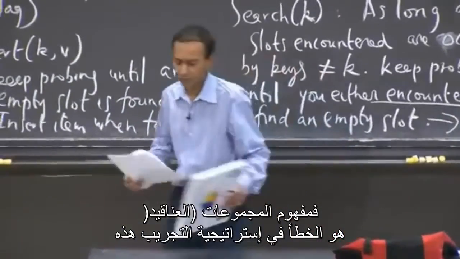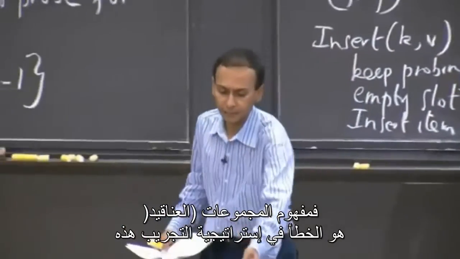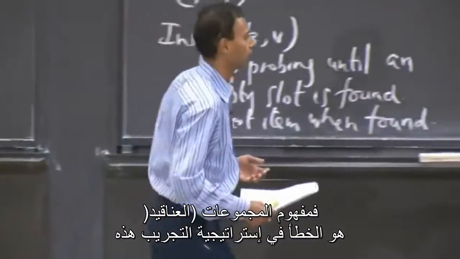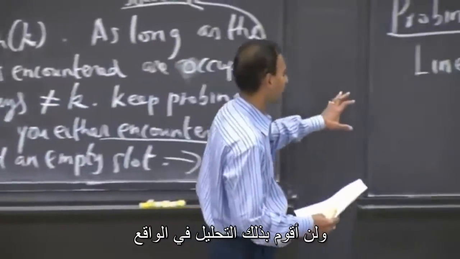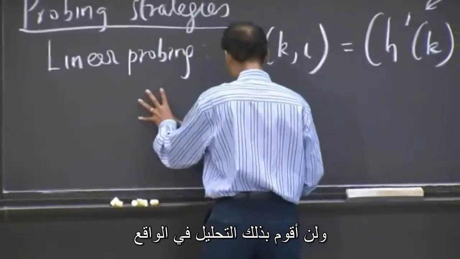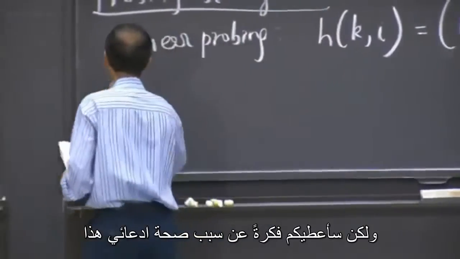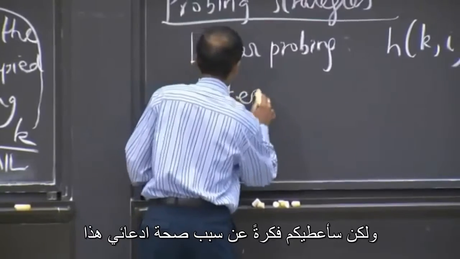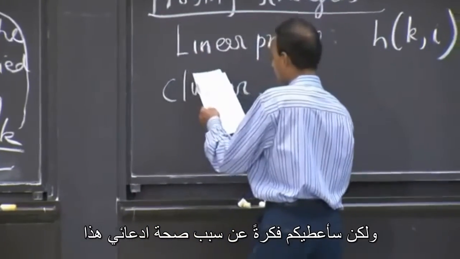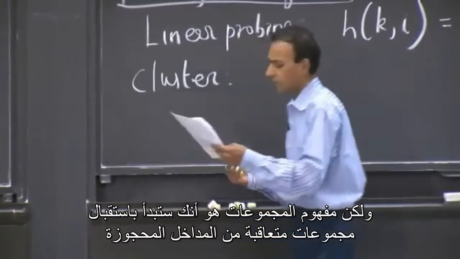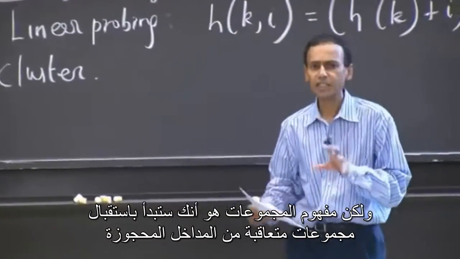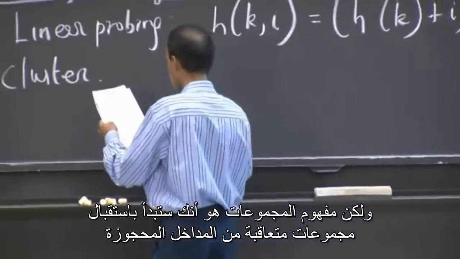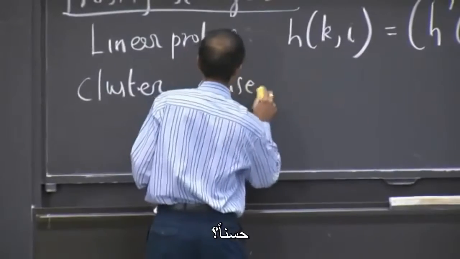So this notion of clustering is basically what's wrong with this probing strategy. I'm not going to do this particular analysis, but I'll give you a sense of why the statement I'm going to make is true. The notion of clustering is that you start getting consecutive groups of occupied slots. Okay?